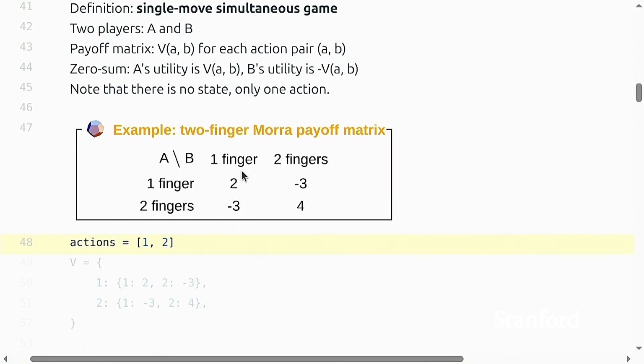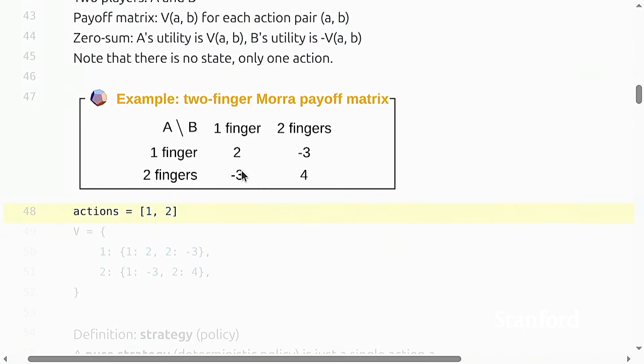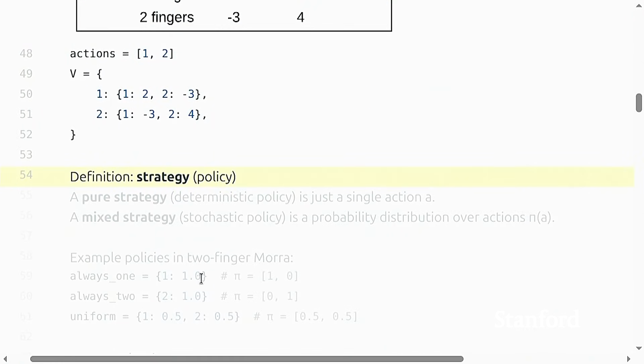So just to ground things a bit, there are two actions, 1 and 2, and this is the payoff matrix. So V of 1 and 1 gives you 2, and so on and so forth. Okay, so that's a game. Now, what is the equivalent of a policy here in game theory?